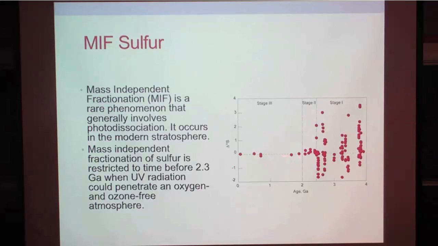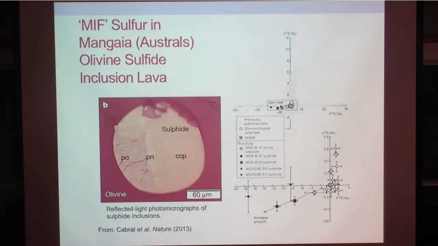And there are a whole lot more measurements since then. There's nothing in the modern world that shows this, except for things that have, in fact, been in the stratosphere. So this uniquely happens in the atmosphere of the early Earth. And lo and behold, Matt again, with Rita Cabral, found mass-independently fractionated sulfur in sulfide inclusions in olivine from Mangaia Island basalt in the Australs in the central South Pacific.